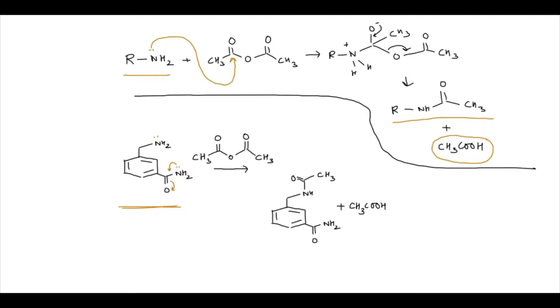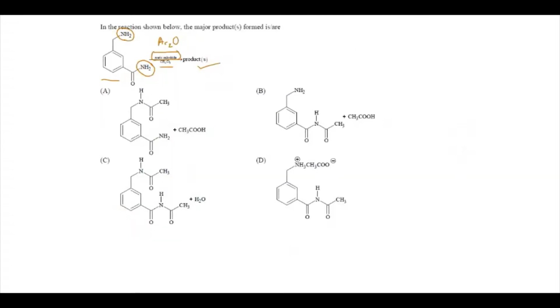That means it will be less available, so it is not going to react with the acetic anhydride. But this one is not engaged in any other work, so it will react with the acetic anhydride, and the product will be this one with acetic acid as a byproduct. So if we check our options now, we can see that this one, option A, is the correct answer.